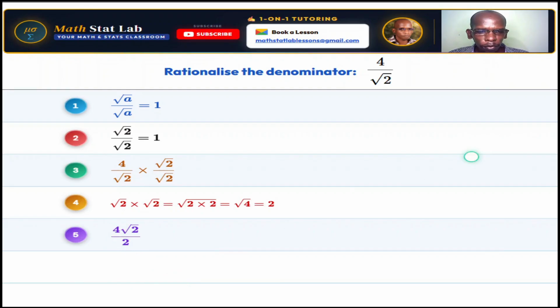So it becomes 2 root 2. The answer is 2 the root of 2. That is the answer for this question if you rationalize the denominator, which is the root of 2. That's how we rationalize the denominator. Can we try another example?